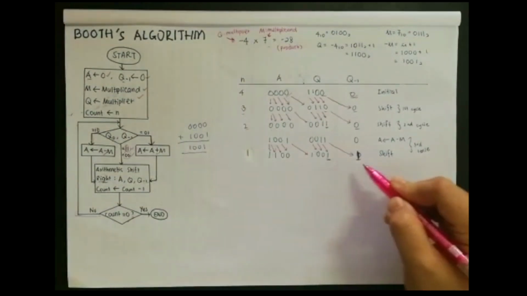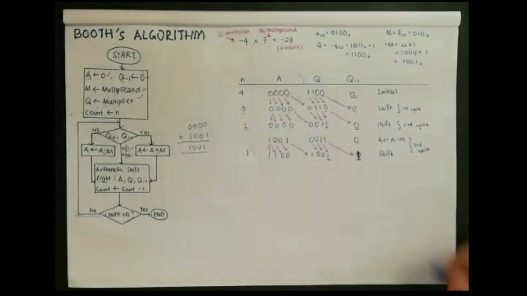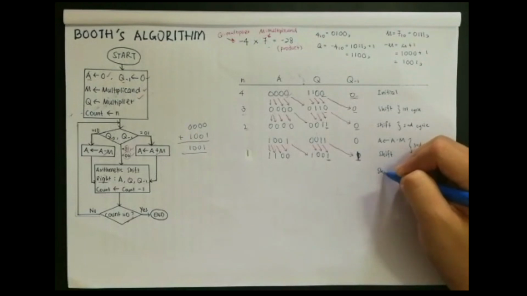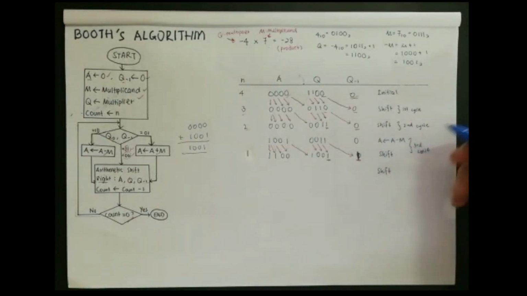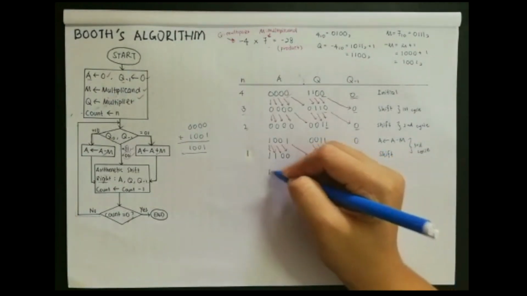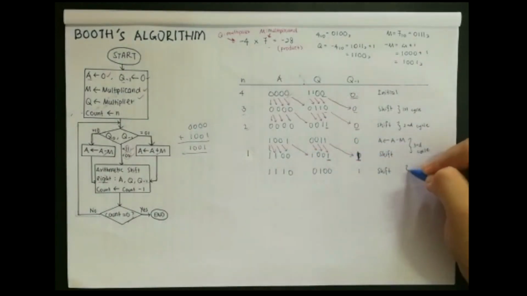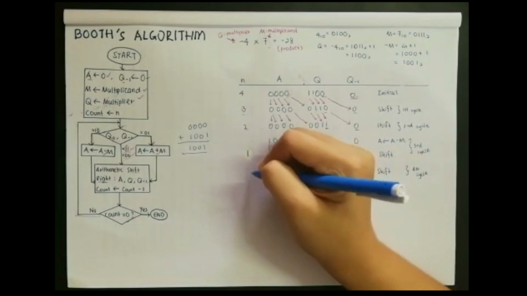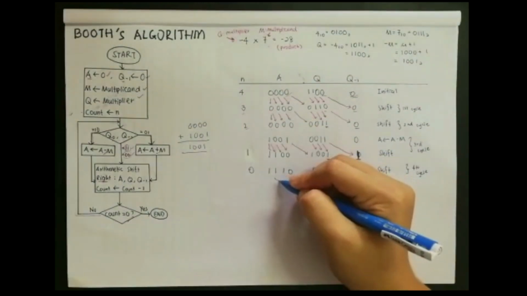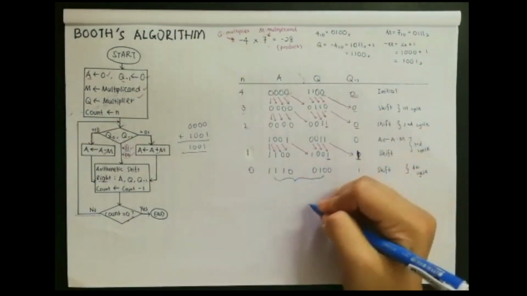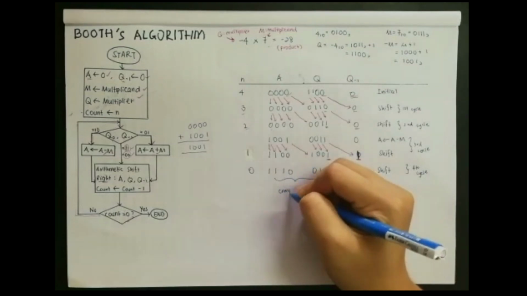Since the two bits are 1, 1, all of the bits of A, Q, and Q-1 registers are shifted to the right 1 bit. Booth's algorithm ends since the count is equal to 0.